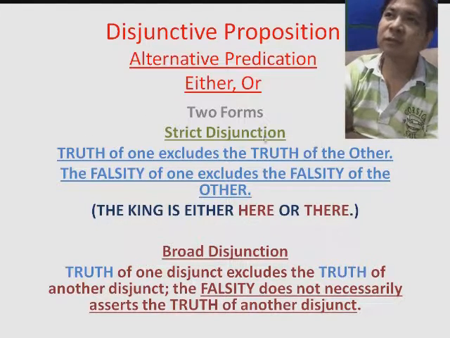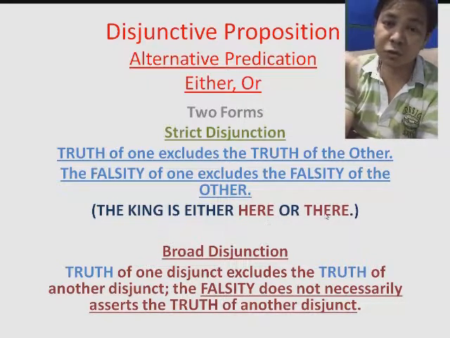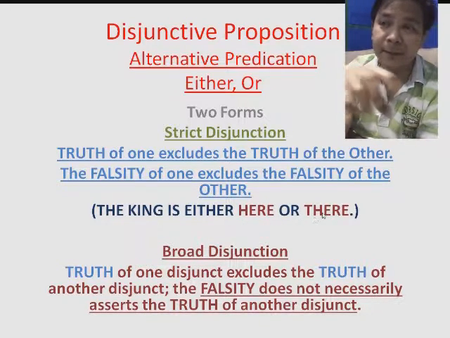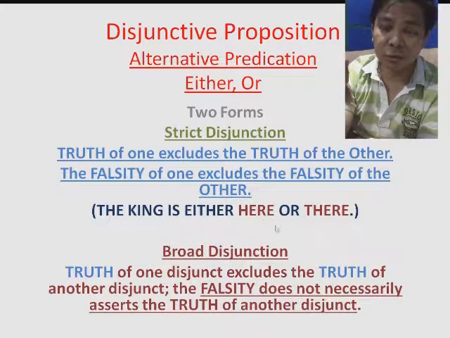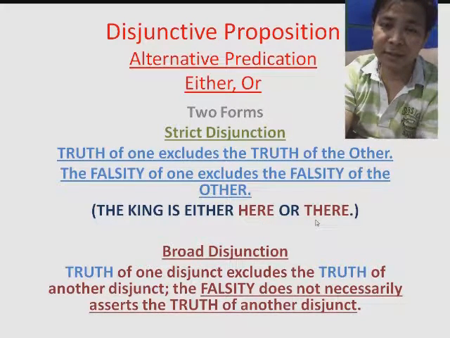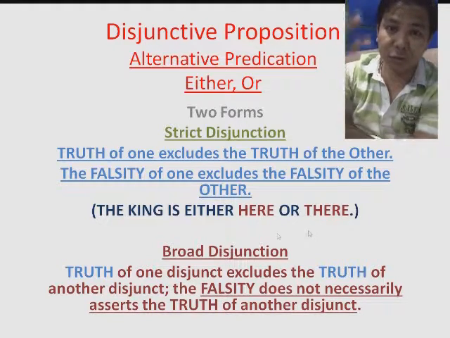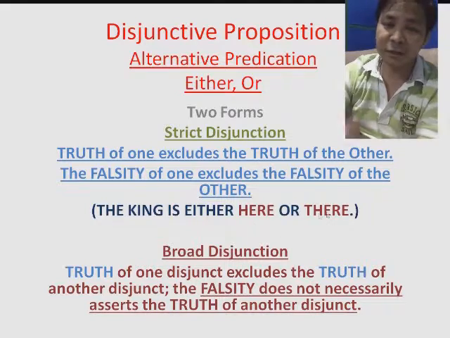And if you can notice, the two disjuncts exclude one another, and the disjunctive relationship does not admit of a gray part or a third class or a third disjunct. It's either here or there.